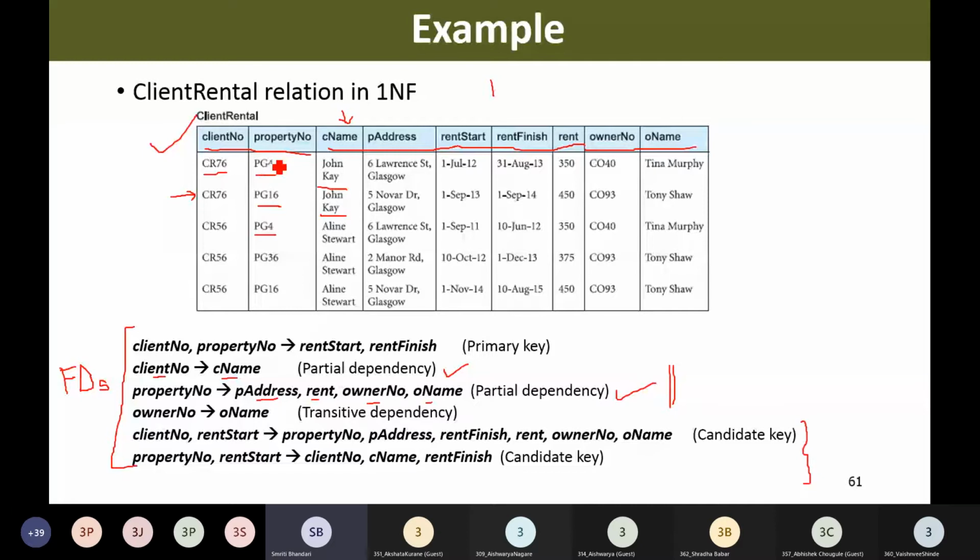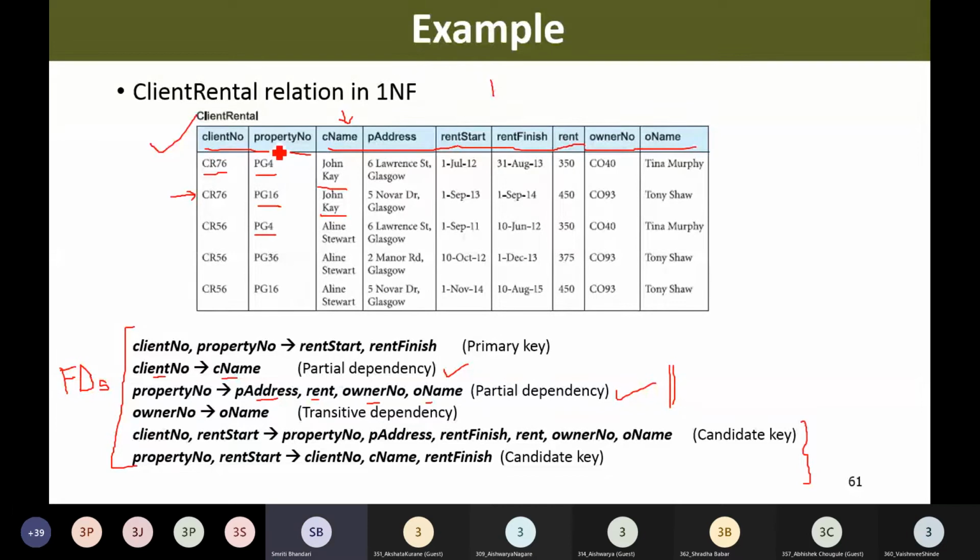See here, for this tuple with property number PG4, I am having client name as John K. One more entry I am having here for property number PG4, same property number, but here I am having some different client.